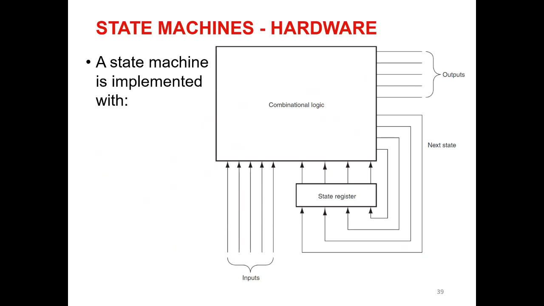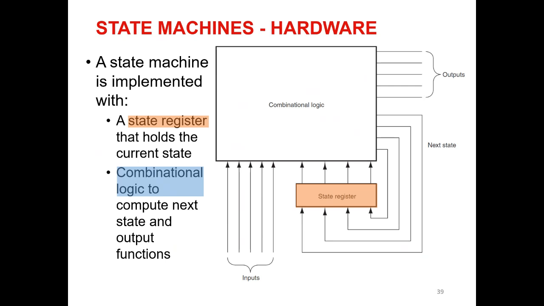We can also represent this state machine in hardware. Here we have the D latch or the D flip-flop or something similar for storing the memory element, and we have the combinational logic to perform the next state function and calculate the output.